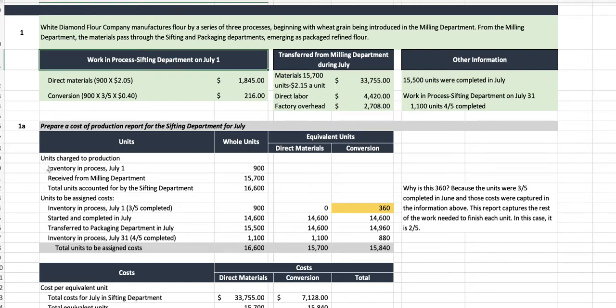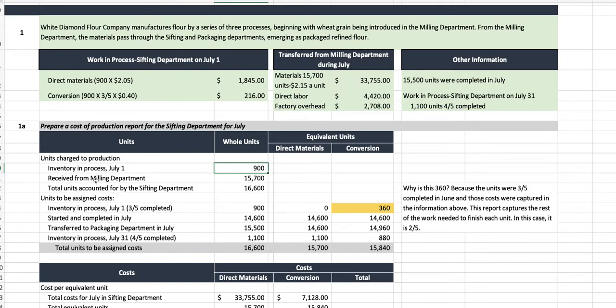Let's start with our inventory in process. So our inventory in process as of July 1st, we say is 900 units. And we know that because we were given it in this box up here. We see that we have 900 units that is sitting in our sifting department work in process. So we list our 900 units here.